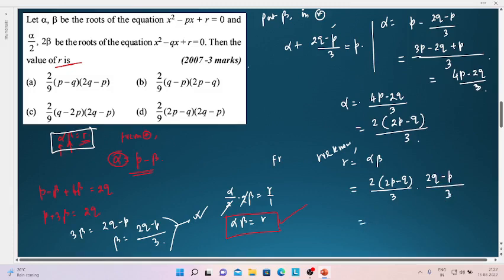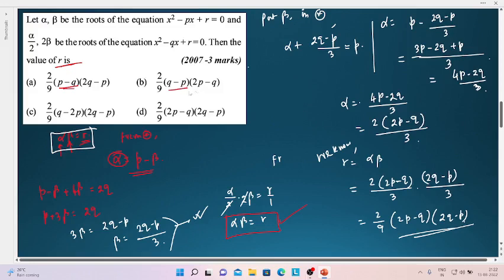Here 3 times 3 will be 9 and 2 is there. So it will be 2 upon 9 times 2p minus q into 2q minus p. Let me check which option is the correct option. Here you can see the first option is not correct because p minus q is there and we don't have any term related to p minus q.